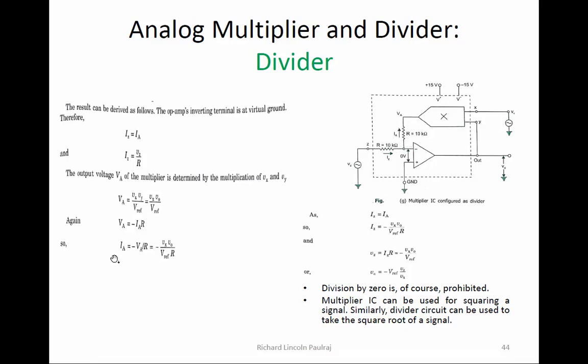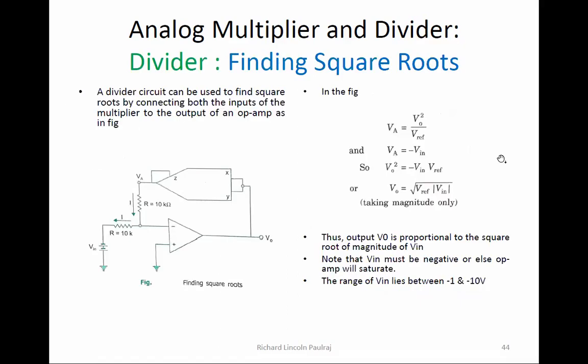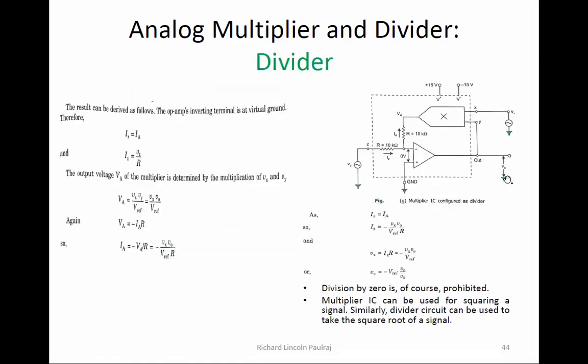Okay, now Ia is equal to, I'm just trying to rearrange them, right? I'm going to bring this to the left hand side and then retain the minus this side, right? So it's going to be Va by R, and minus, I'm going to shift it that side. So it's going to be Vx, so minus Va by R. So Va is nothing but a combination of V0 and Vx.